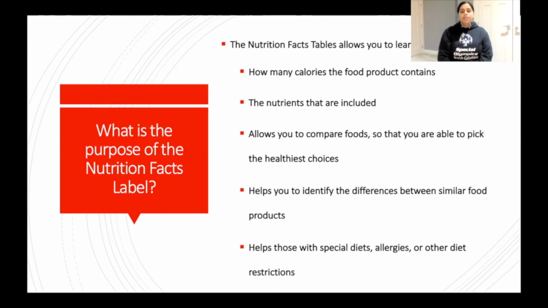It helps you to identify the differences between similar food products, and it helps those with special diets, allergies, or other diet restrictions. So for example, someone might be watching for their sodium intake, someone might be watching out for their sugar intake, and someone might be allergic to peanuts or wheat or soy. So all of this information is included on the nutrition facts label.